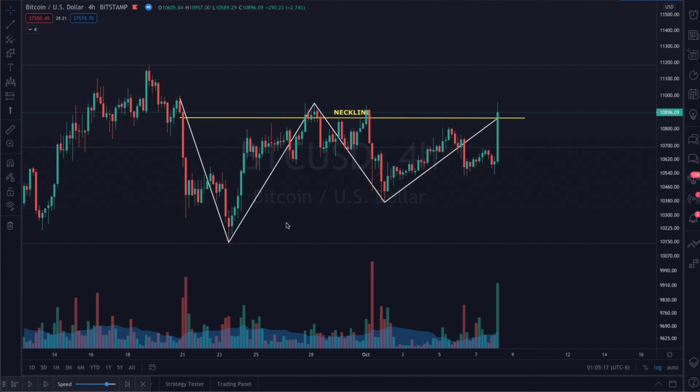Now, a double bottom pattern usually forms in a situation when sellers are battling against buyers, but sellers eventually fail to take over control. More buyers enter the market and they end up pushing the prices higher. During a downtrend, prices are reaching new lows until they find support, which prevents prices from falling further. This creates the first bottom, which is the lowest level.